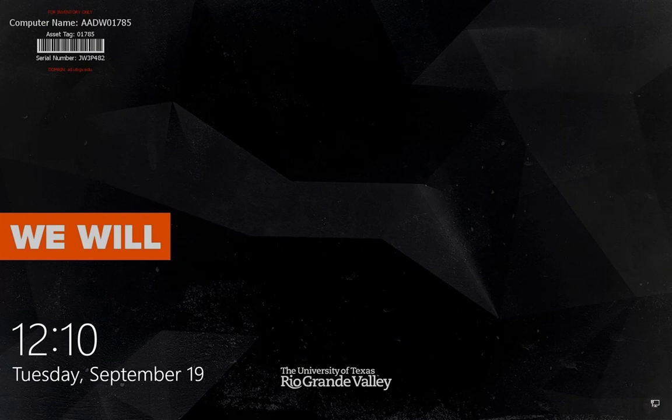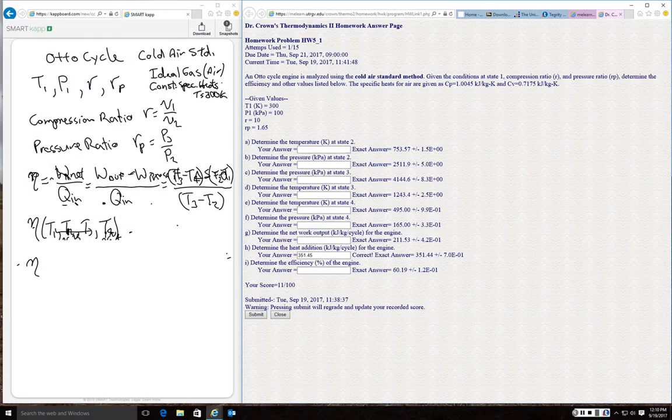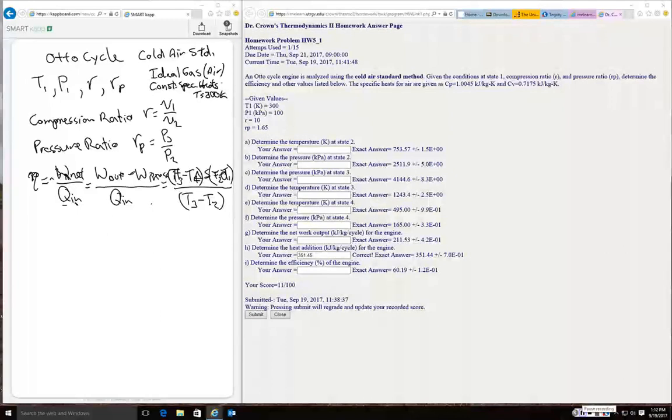So I'm going to write this thing out. Okay, let's write out the equation for efficiency, which is a function of all the temperatures, but in this case we're going to replace each term with the equation that we have for temperature.